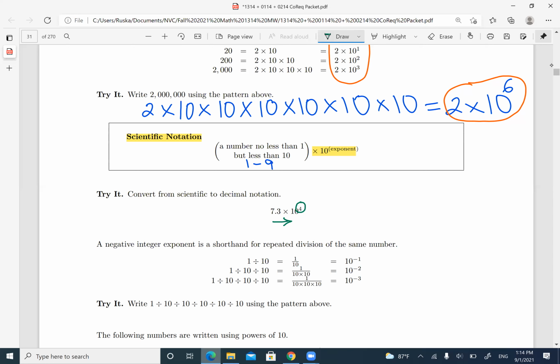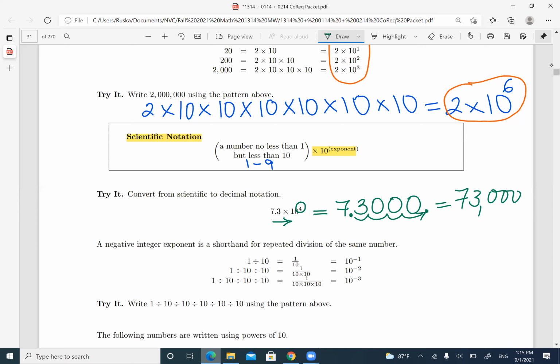So I'm going to start moving from after the 3, moving it once, 3, 2, 3, 4. So the decimal point moves 4 places, right? You have 1, 2, 3, 4. Everybody understand that? So my answer technically is 73,000.